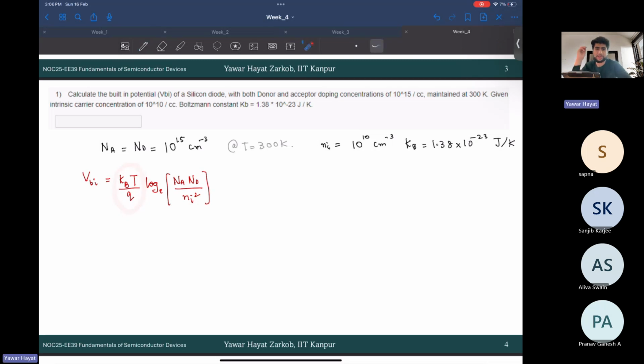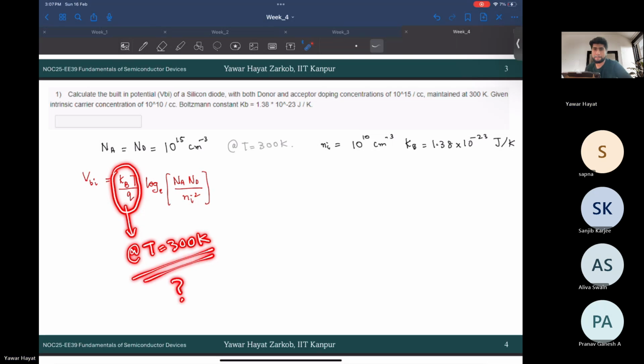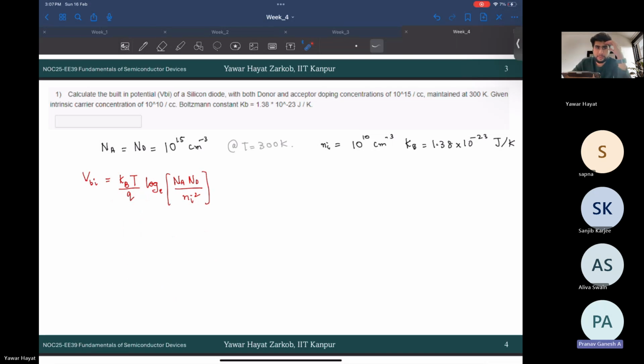What is this quantity kT by q at room temperature? What is this quantity at 300 Kelvin? 0.026 electron volt. 0.026, not electron volt, since we have q here as well.